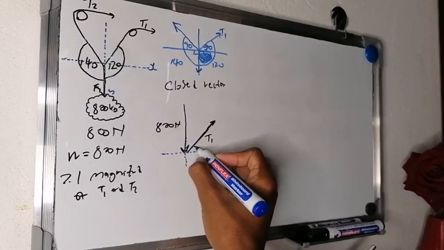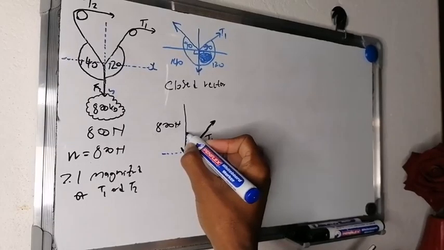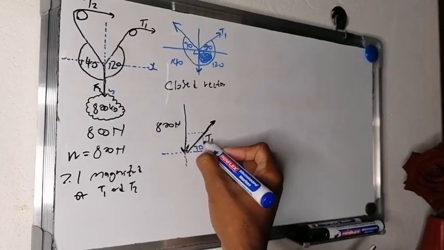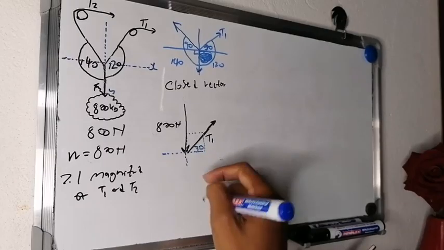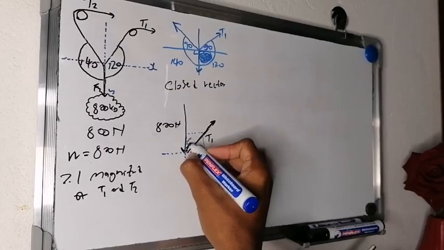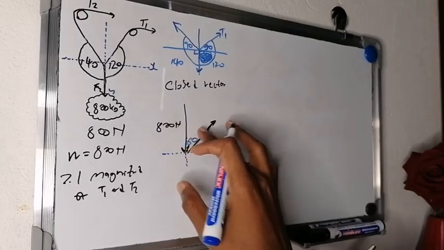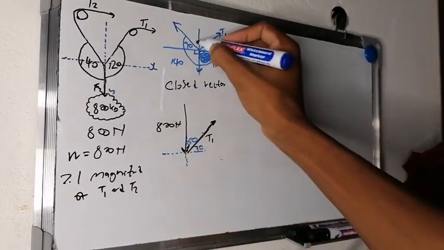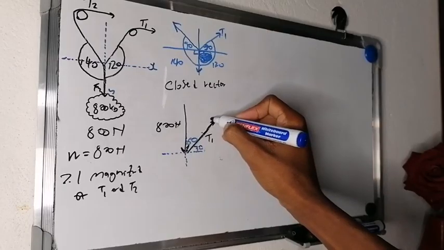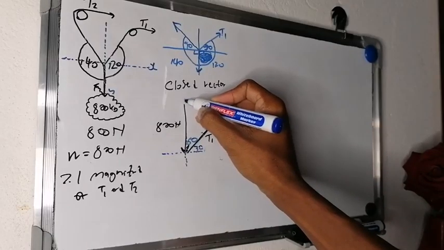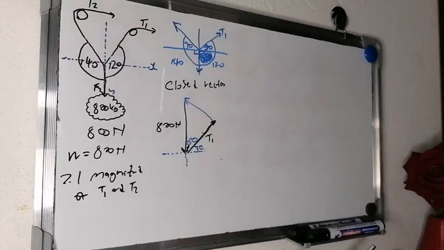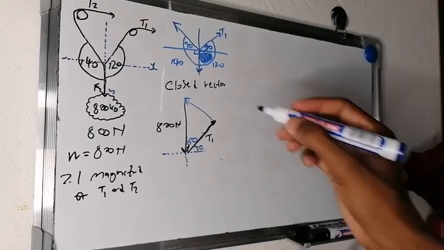You have a 30 here, understanding that this angle must be 90 degrees. So 90 minus 30 gives us 60. Then this one is going to close up. Now you successfully closed.